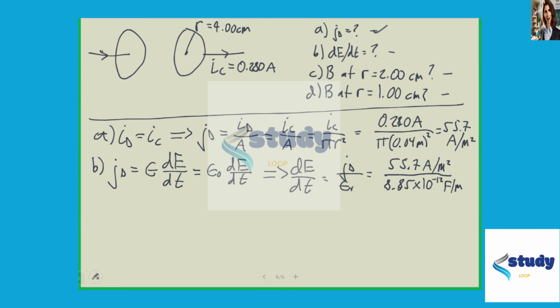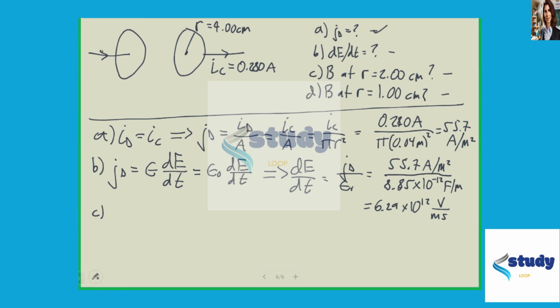If you calculate that, you should find that it is equal to 6.29 times 10 to the 12 volts per meter second. So that does it for the rate of change of the electric field.